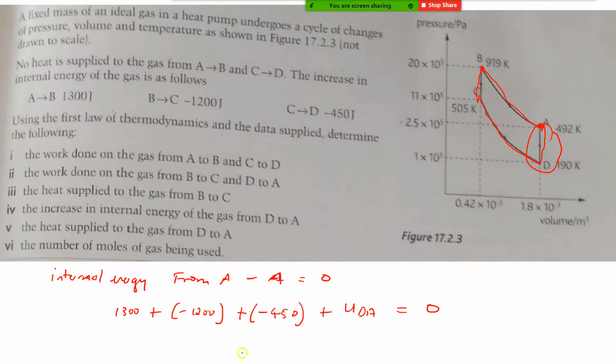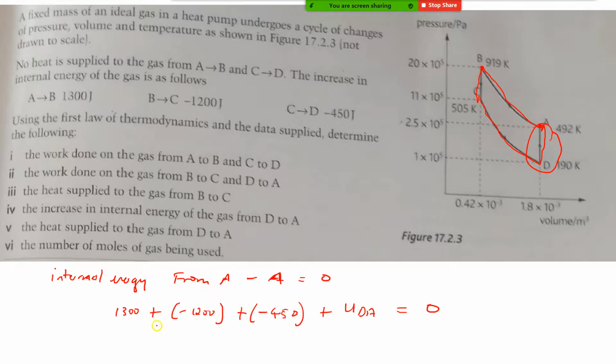So I make the internal energy from D to A the subject, and then I find out what that amount is, because the overall change in internal energy from A to A must equal 0.